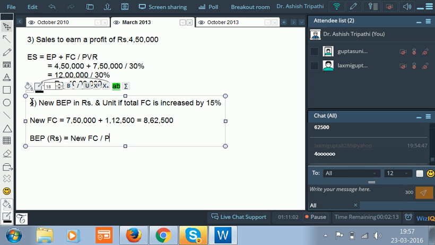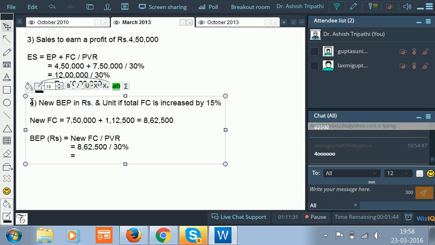Instead of fixed cost, let us write new fixed cost upon PV ratio. Okay, so that is equal to, new fixed cost is 8,62,500 divided by PV ratio.